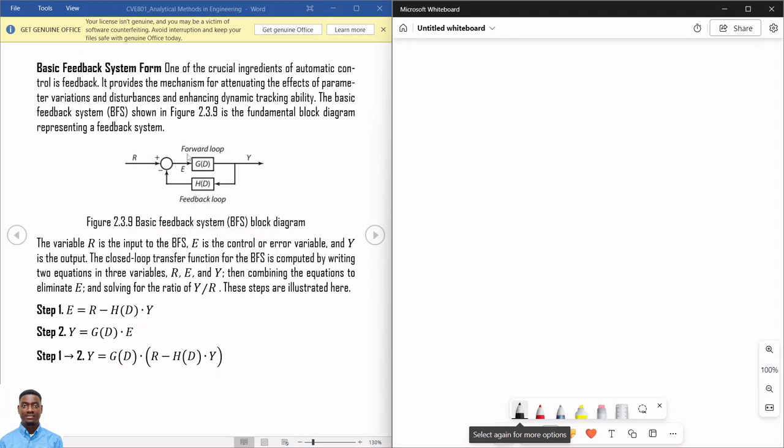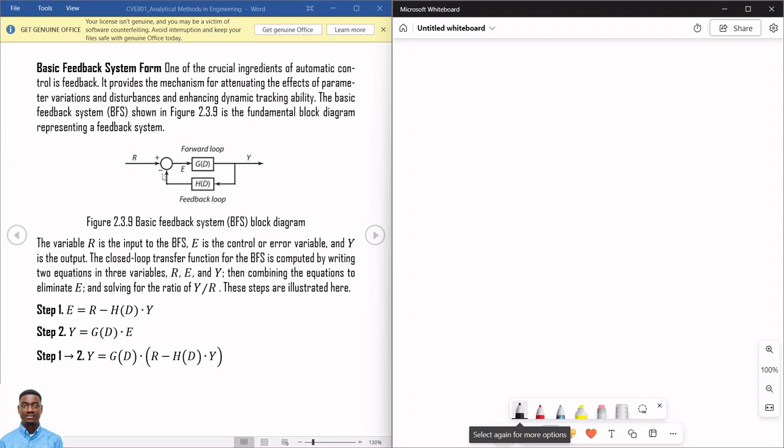That is what we mean by dynamic tracking ability of that system. So for the system to dynamically track the desired output as against the input, and that is what we're going to be looking at, using all the manipulation we talked about to make a more complex block into a basic feedback system form, where the system will only have one forward loop and one feedback loop.